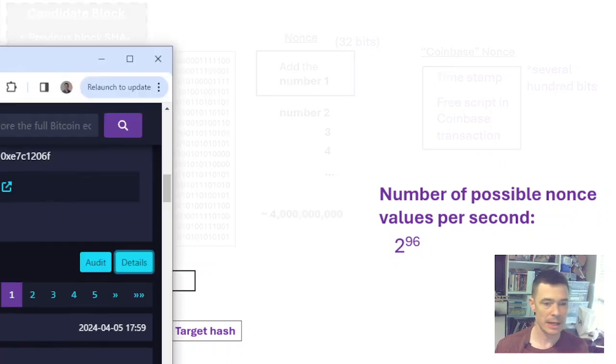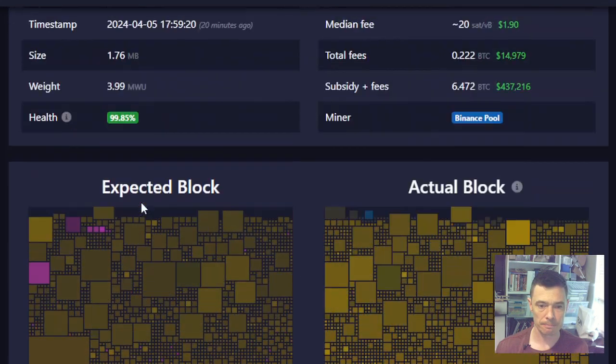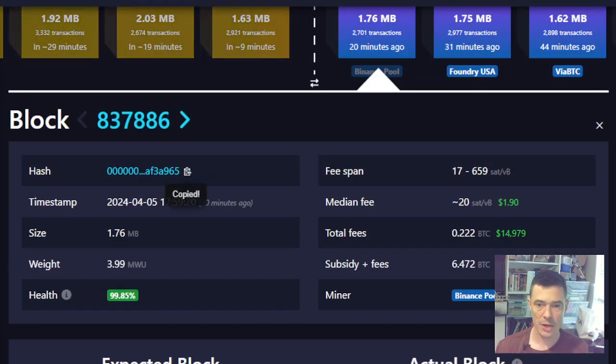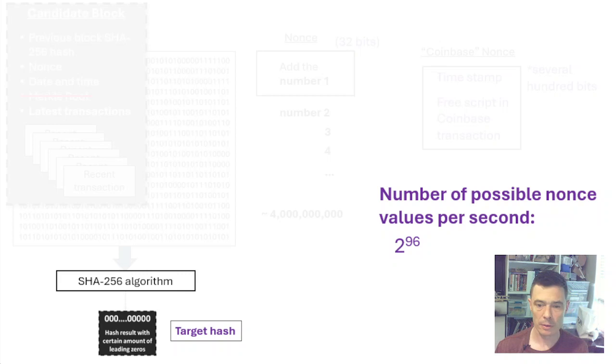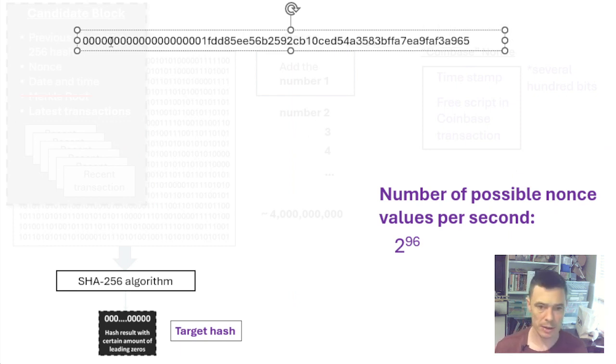So we're going to look again at the current mempool. We're going to go to the latest block. Okay, this is the hash of the latest block. Let's just show the hexadecimal zeros here: 1, 2, 3, 4, 5, 6, 7, 8, 9, 10, 11, 12, 13, 14, 15, 16, 17, 18.